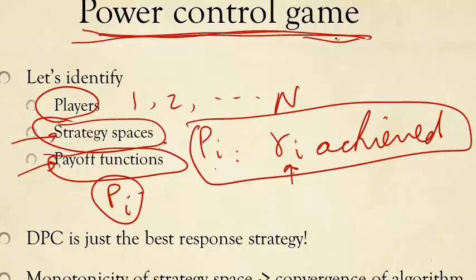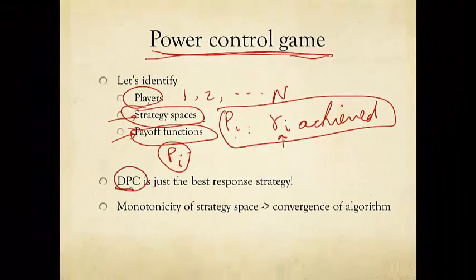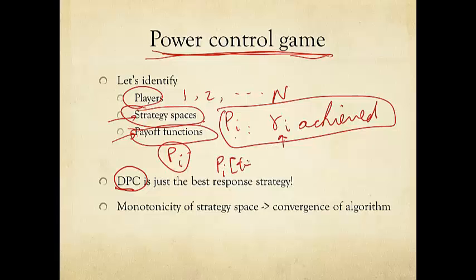And here are two simple but important facts. Fact number one, you can easily verify for yourself, is that the DPC algorithm, what is that algorithm again? It says that the transmit power for each transmitter i at time t plus 1 is the current transmit power times the ratio between the target SIR and the current SIR at time t.